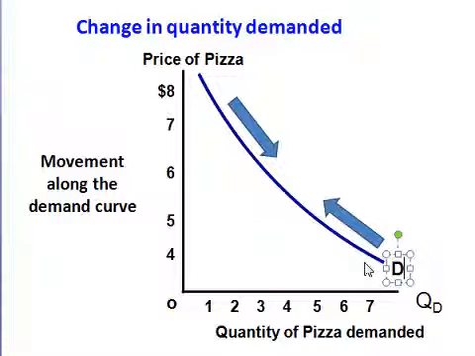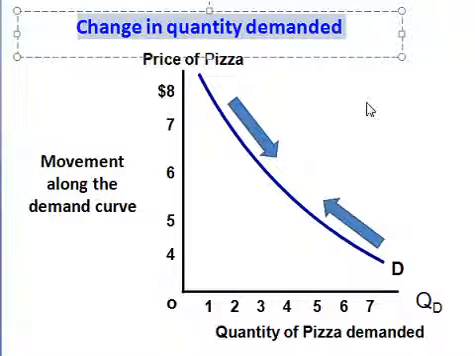Here we assume that price is the only factor affecting the consumer to buy the product, and other factors that can also influence a consumer are fixed for the time being. So price is the only factor that we assume, and the whole thing is called change in quantity demanded.